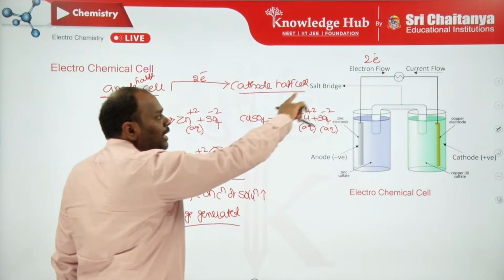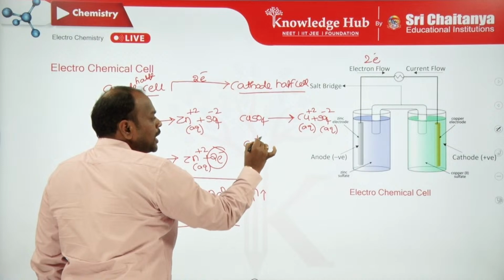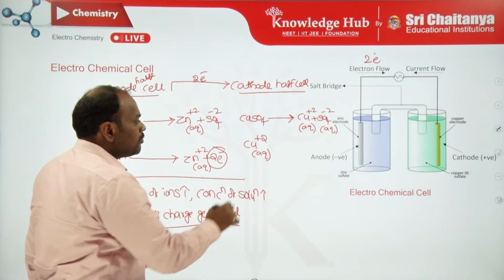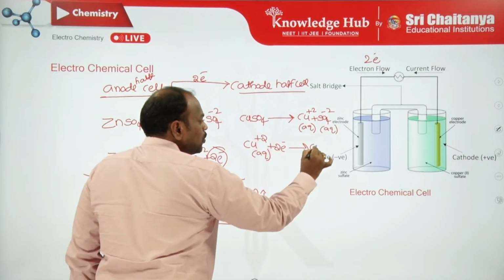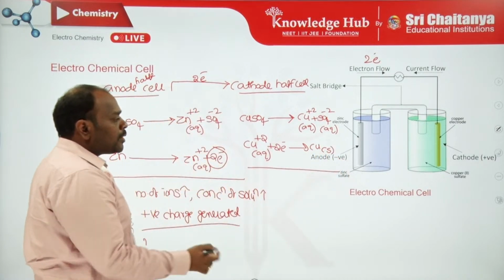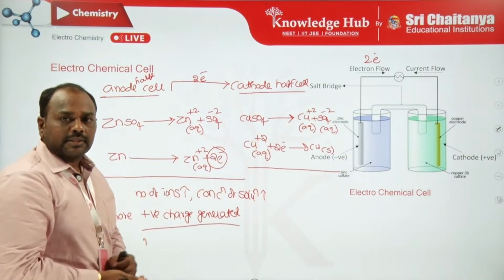So when they enter into the right side cell, what happened here? Copper ions which are present in aqueous medium gain the electrons, then are converted to copper in the form of solid. By this we observe that the number of positive charged ions decreases.